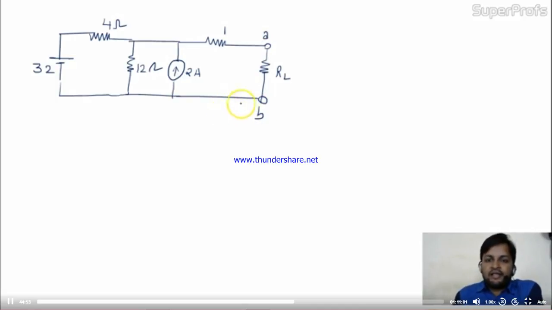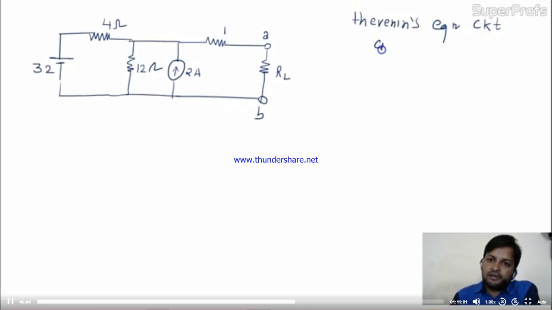My task is to find out the Thevenin equivalent circuit across A and B.